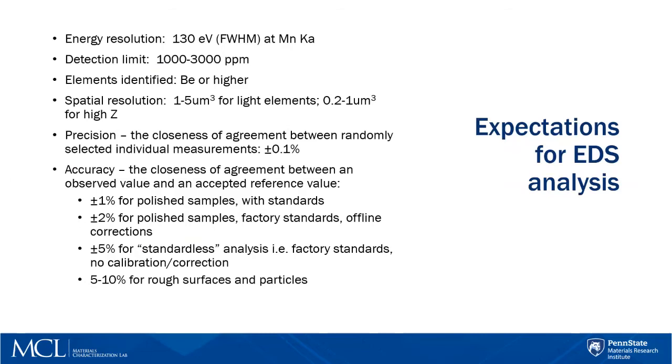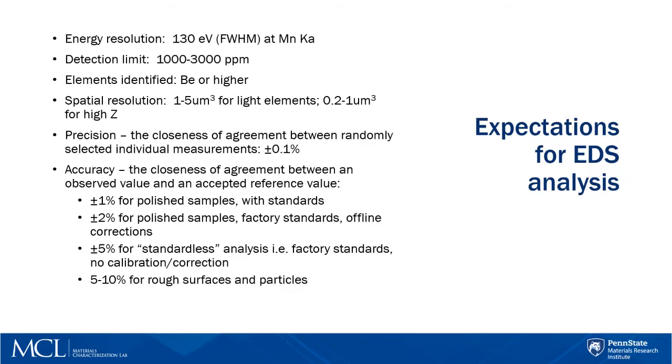Your expectations for EDS analysis: the energy resolution is approximately 130 eV, so it's not as narrow as you might think, but fairly good resolution. You can detect somewhere between 1,000 and 3,000 ppm, depending on the element. You can see anything from beryllium and higher.